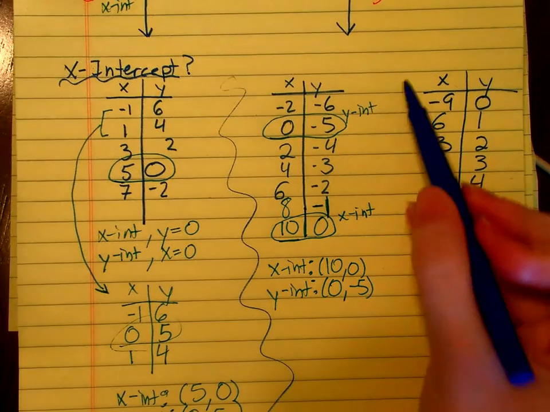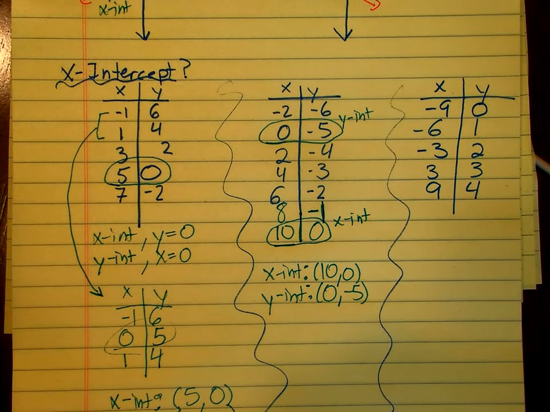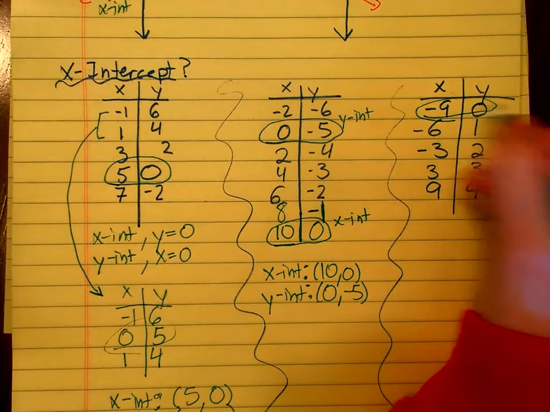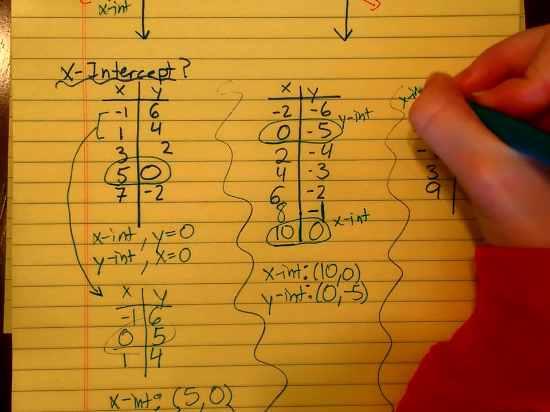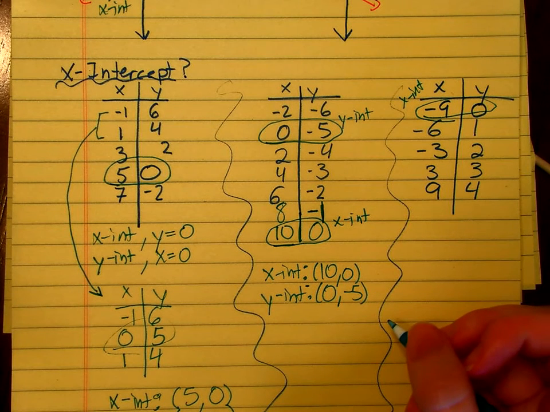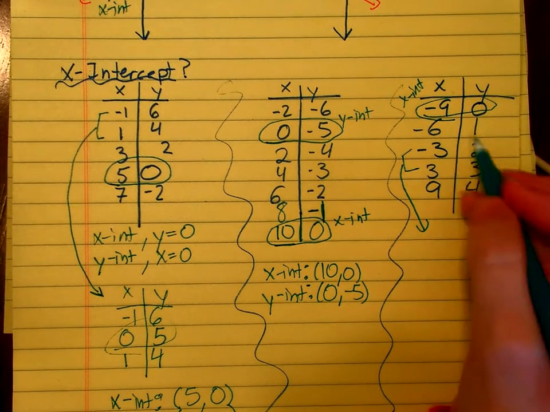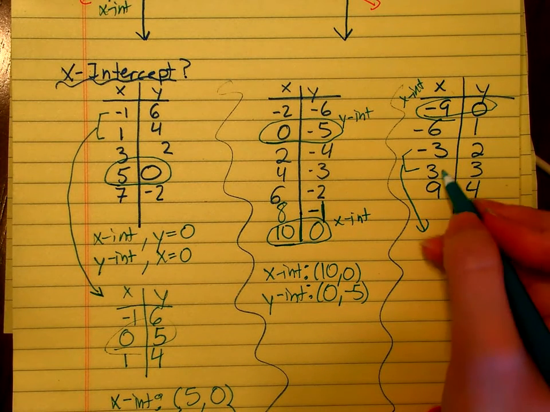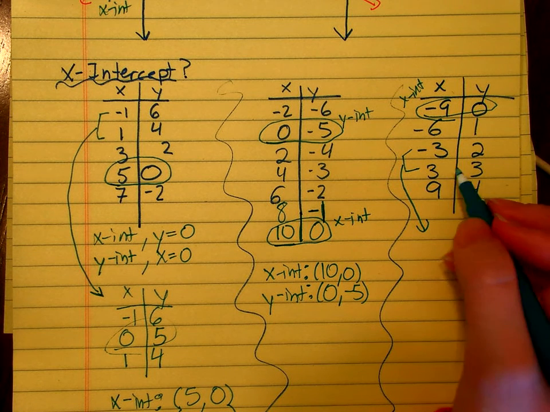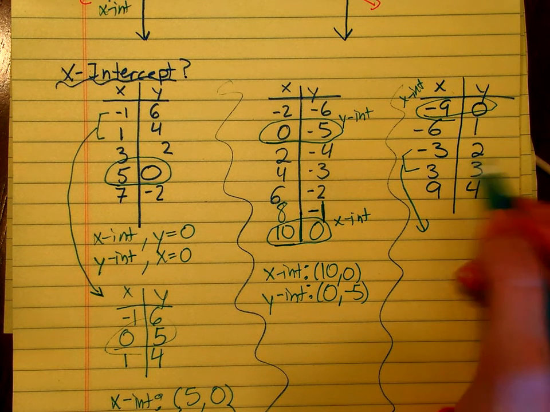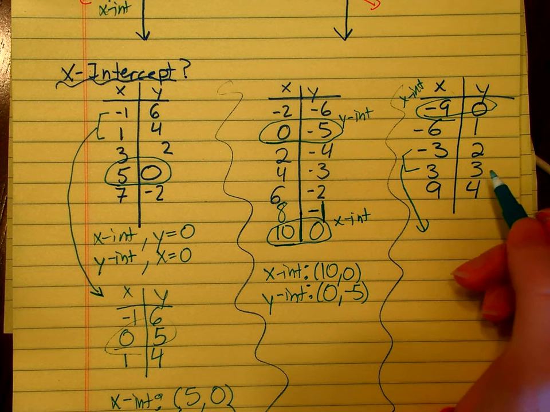Alright, for the last problem, I want you to pause the video again and try it on your own. Alright, welcome back. They gave us the x-intercept because y was 0. Now we've got to figure out the y-intercept. That's going to live in between these two points. However, if I start expanding out my table, it's not going to be intuitive unless I'm very comfortable counting by fractions.